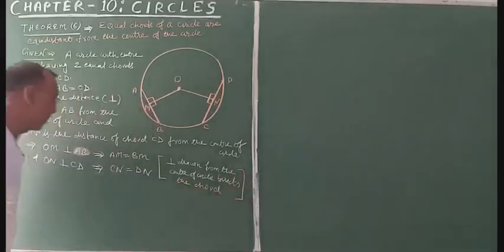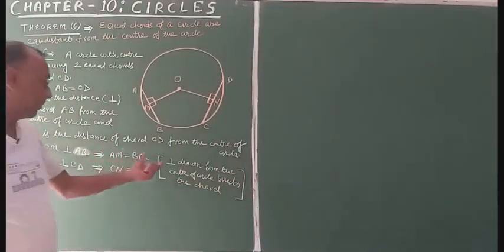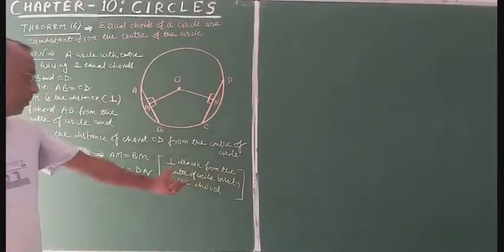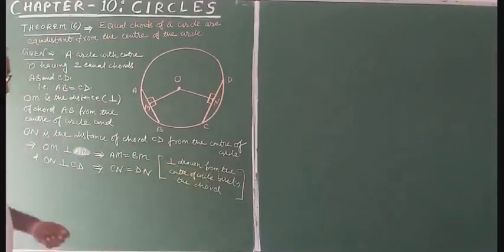This is the theorem. Perpendicular from the center of a circle bisects the chord.